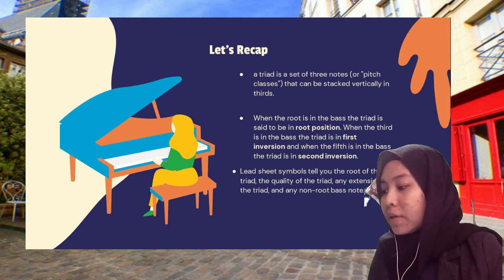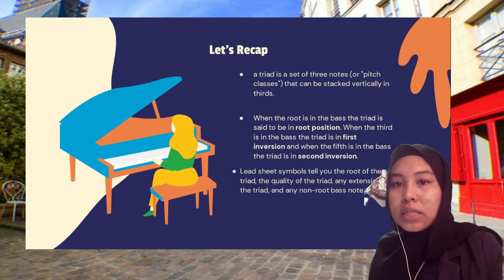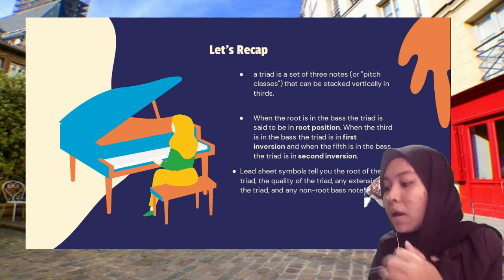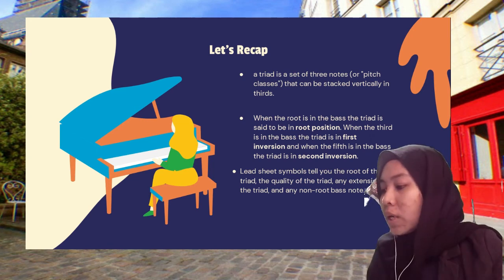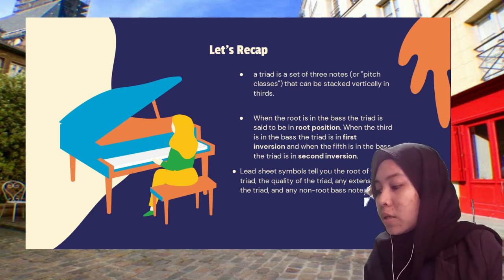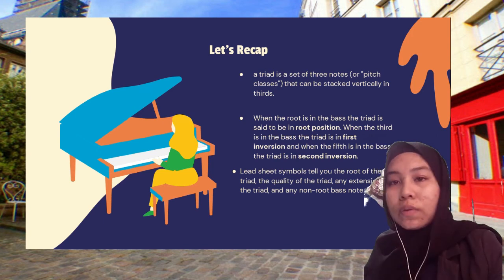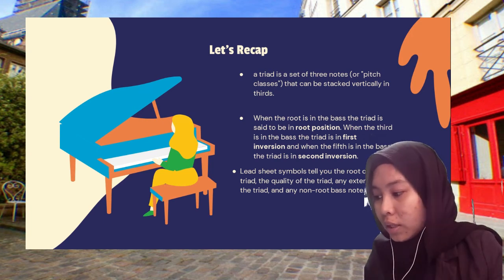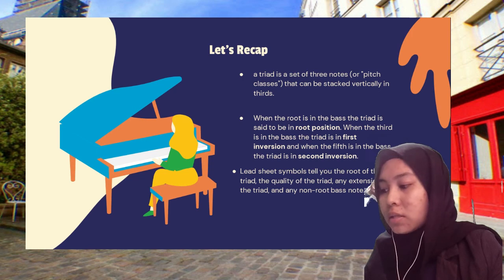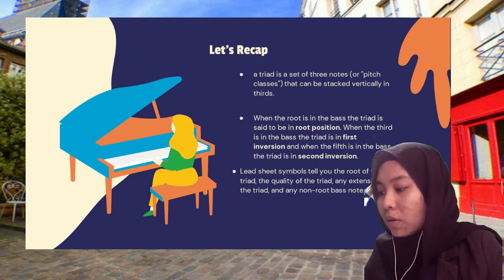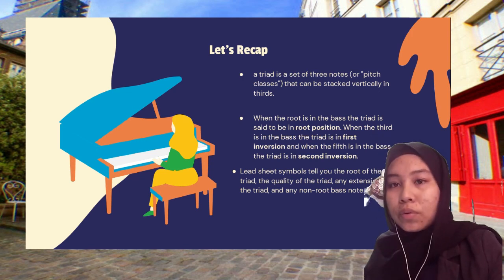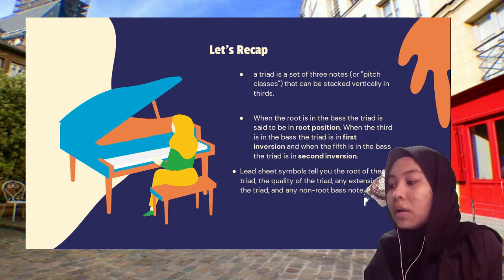And when the fifth is in the base, the triad is in second inversion. And the last one is lead sheet symbols, which tell you the root of the triad, the quality of the triad, extensions of the triad, or any non-root base note.